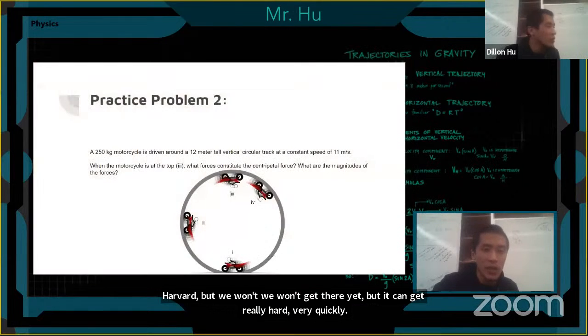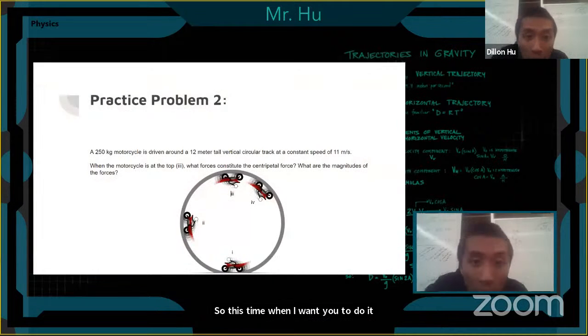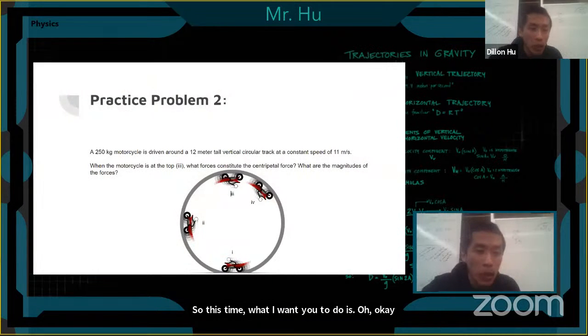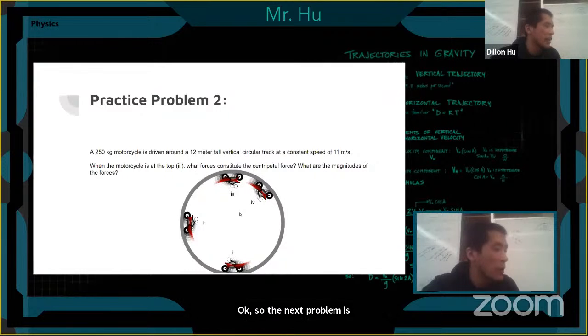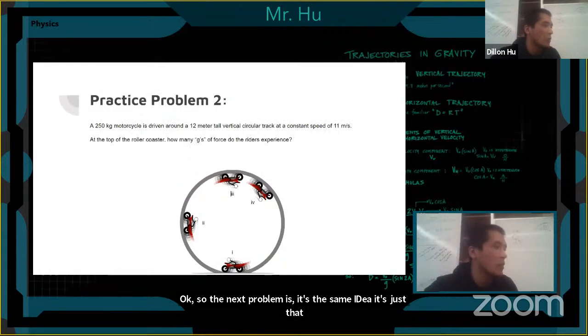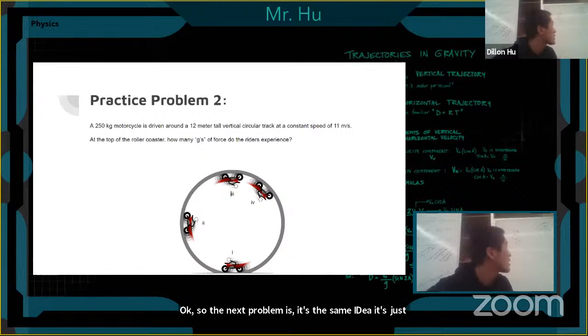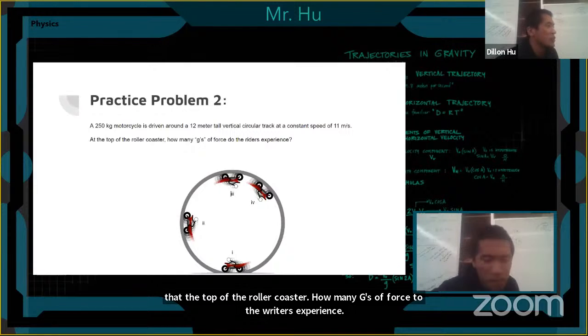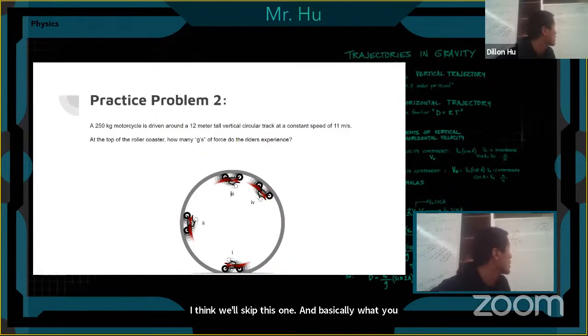So this time, what I want you to do is, okay. So the next problem is the same idea. It's just that at the top of the roller coaster, how many G's of force do the riders experience? I think we'll skip this one. Basically, what you do for this is you just find the acceleration, which is pretty easy.